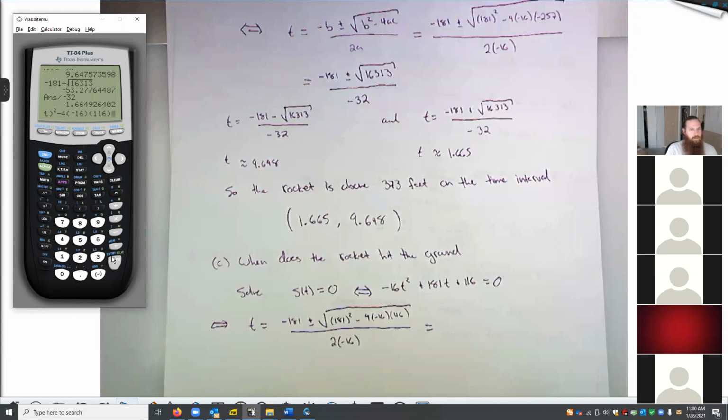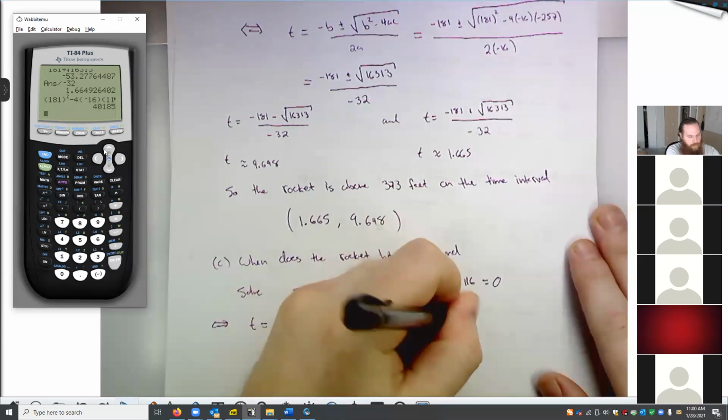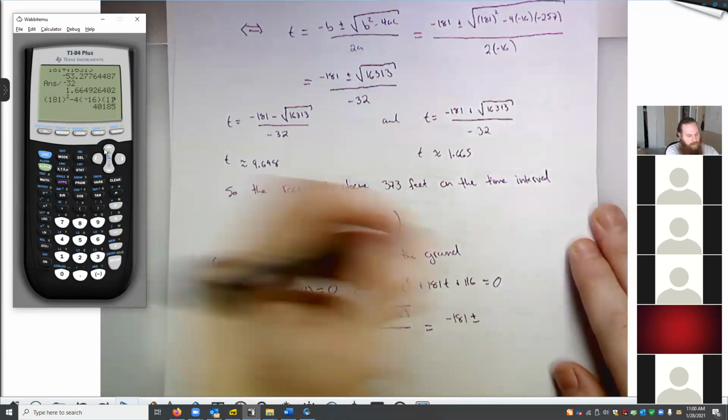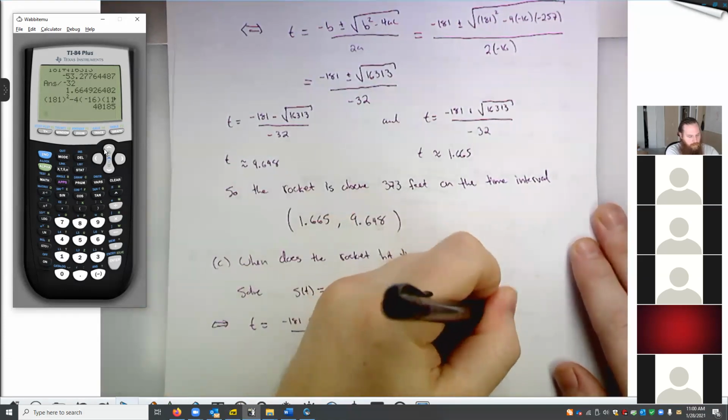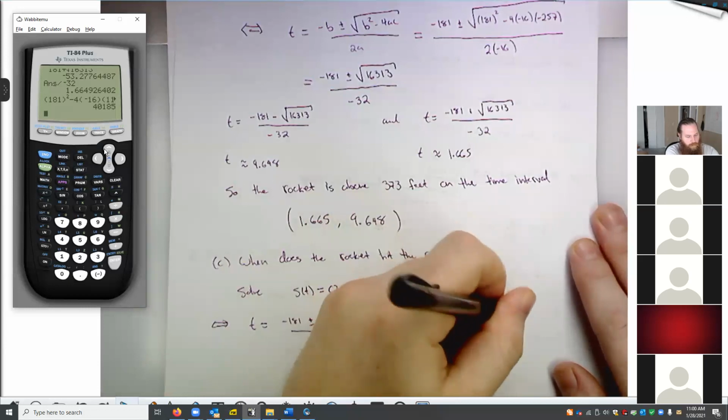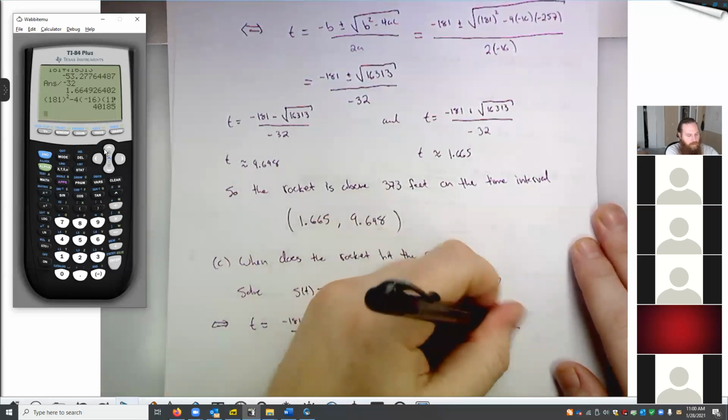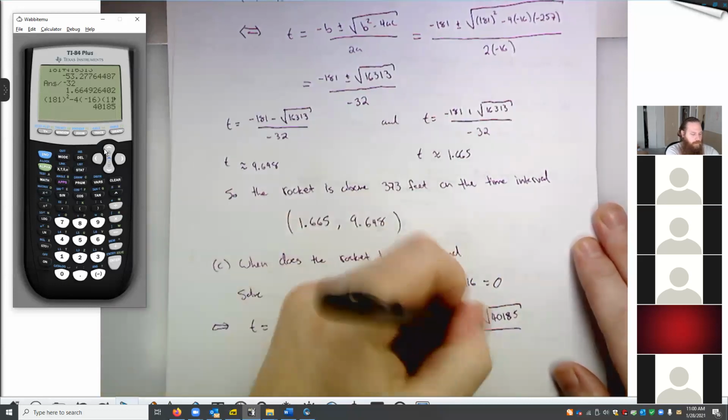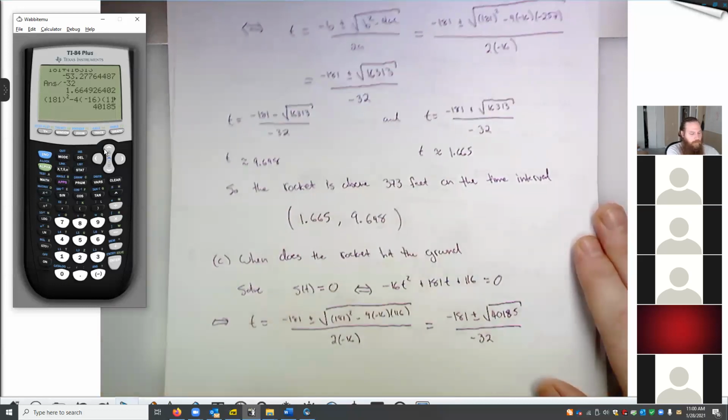So here's my discriminant, 40,185. So this is negative 181 plus and minus the square root of 40185, all over the downstairs here, which is negative 32.